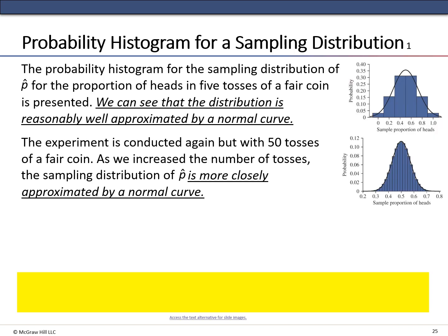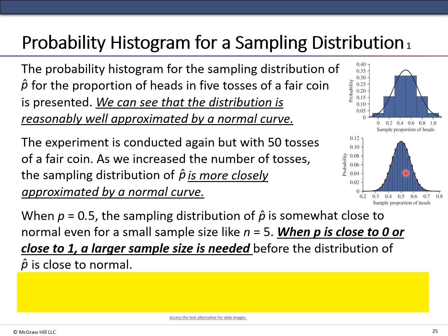If we do the experiment again, but with 50 tosses of a fair coin, we can see as we increase the number of tosses that the sampling distribution is more closely approximated by that normal curve. When p equals 0.5, the sampling distribution of p hat is somewhat close to normal even for a sample size like n equals 5.